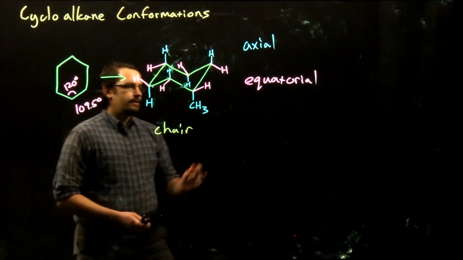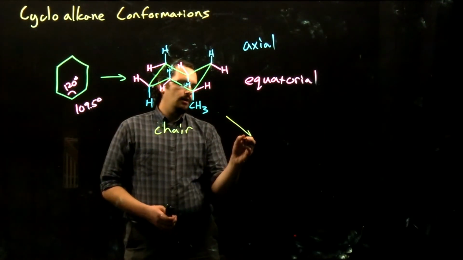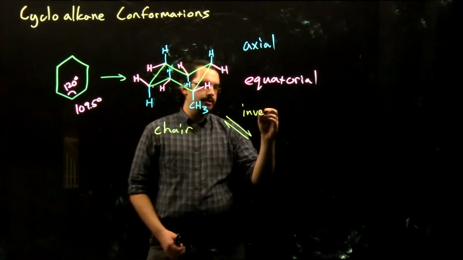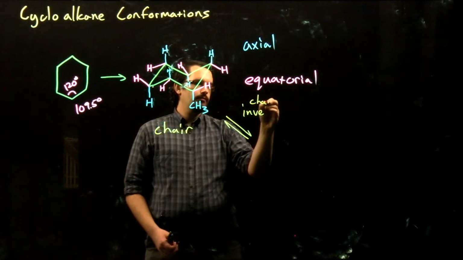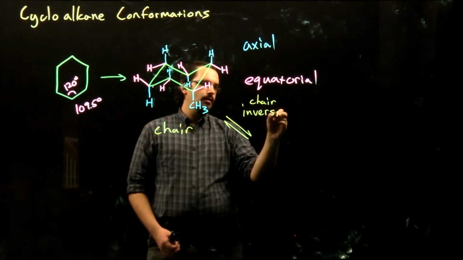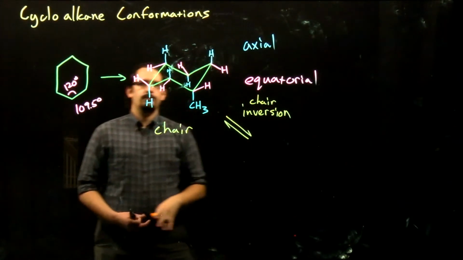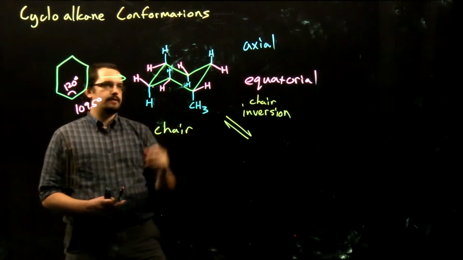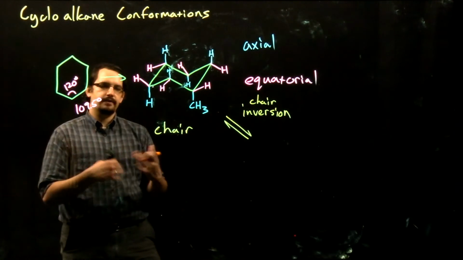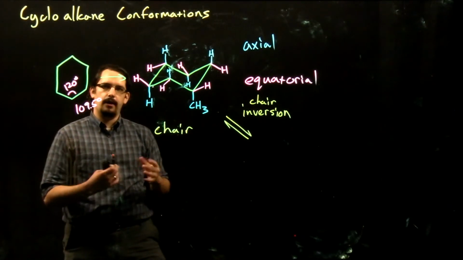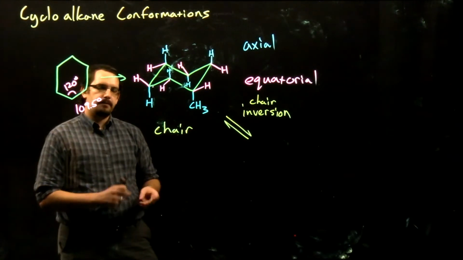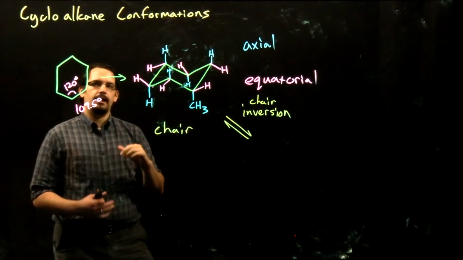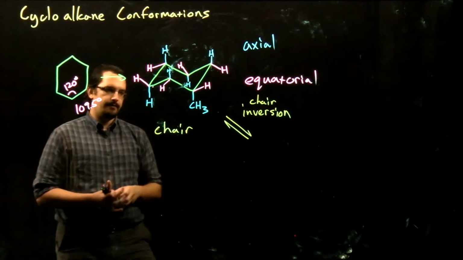It turns out we can do something called inverting the chair, or chair inversion. As with alkanes, our chair is flexible, right? We draw it in this conformation, but our conformations can change, just like we saw with our alkanes flipping back and forth between staggered and eclipsed. Our cyclohexane can also flip from this chair conformation.